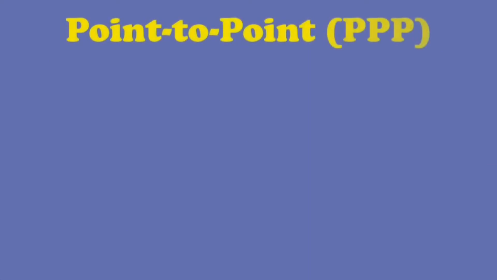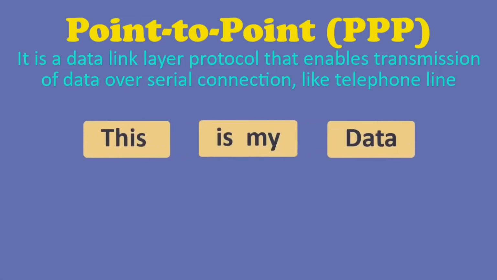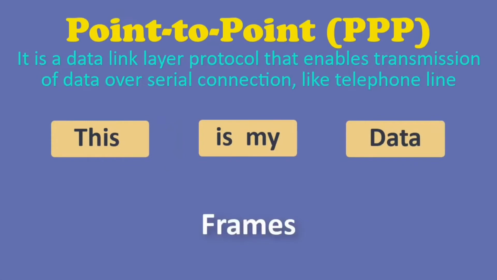Next is point-to-point protocol or PPP. It is a data link layer protocol that enables transmission of TCP/IP traffic over serial connection like a telephone line. It divides a stream of data into shorter pieces called frames. It defines a framing method to clearly define end of one frame and start of another.